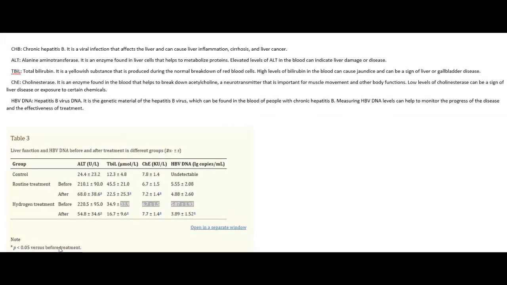On the total bilirubin for the control group before treatment, 45.5 plus minus 21.0, and after treatment, I think bilirubin is basically a function of the kidneys, and that's super closely related to how many liquids you drink versus how much you excrete.